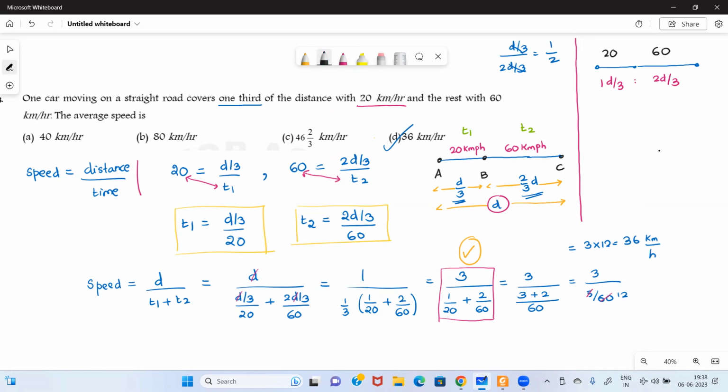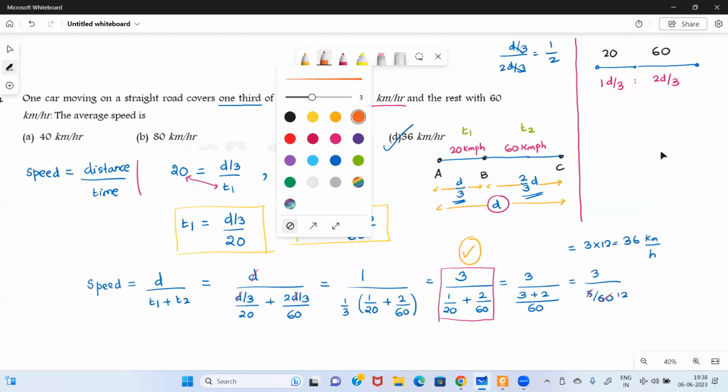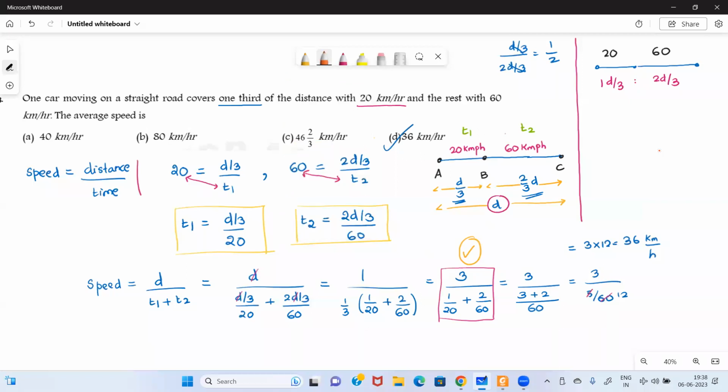So I will tell you a technique for solving this sum. Very quickly you can solve it using this. So it is 1:2 ratio, correct? So what I must do is in the numerator, write the sum of these two. 1 plus 2. What is it? 3.